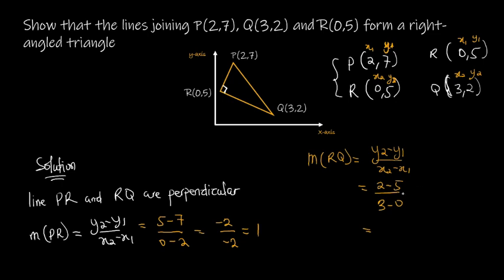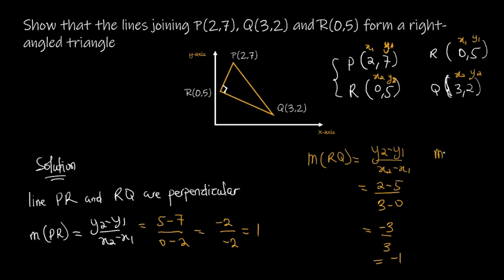So from the top, I have 2 minus 5, which gives me negative 3, the denominator gives me 3, and this is equal to negative 1. Now we said that if it is true that the lines joining P, Q and R form a right angle triangle, then we are expecting the lines PR and RQ to be perpendicular, which means if you multiply their two gradients, that should give us negative 1.